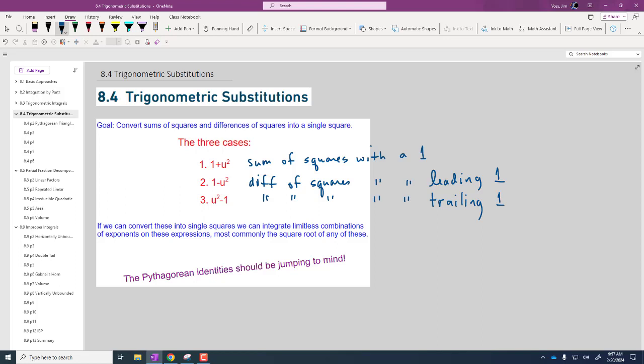Now, if you look in the integration tables, you're always dealing with a squared plus x squared, or a squared minus x squared, or x squared minus a squared. So they don't force this one thing. My suggestion to you, you can do it either way, is that if you do a little bit of algebra first to make these ones, it's going to be easier in the long run.